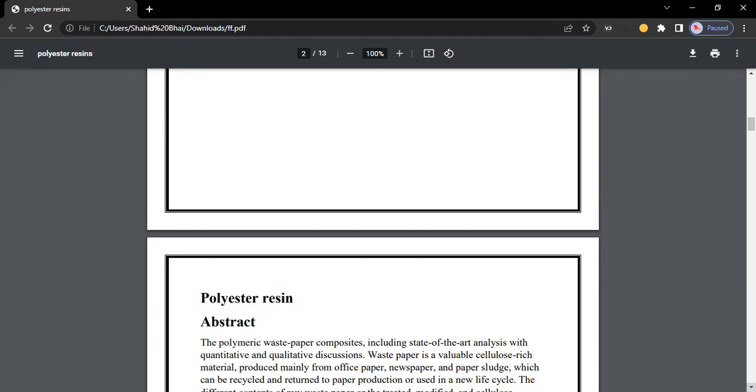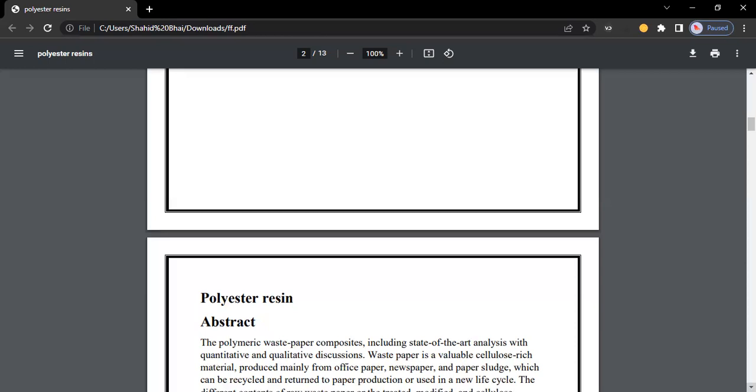Natural polymers are like lipids, proteins, carbohydrates, etc., important in our daily life. Artificial fibers and plastics have replaced natural materials such as wood, and they are also called synthetic polymers.